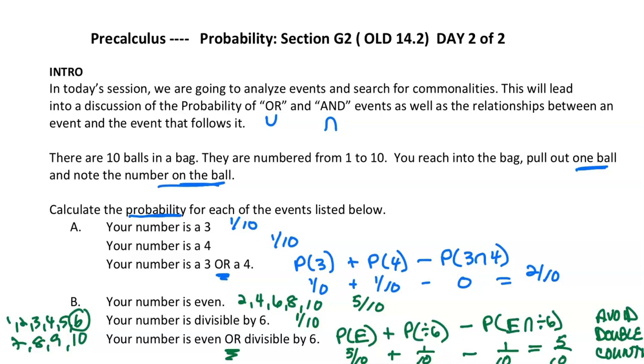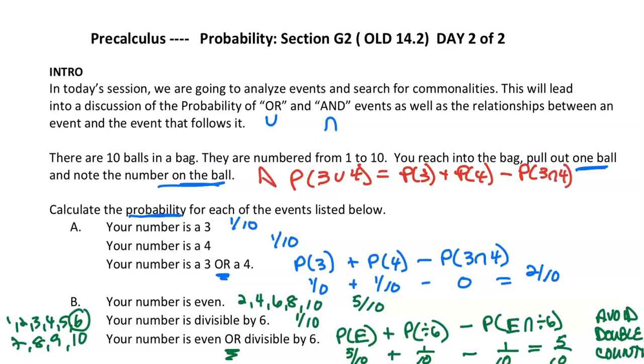Okay, so really our equation is, let me write this up here. If I want to figure out the probability of 3 or 4, that equals probability of 3 plus probability of 4 minus the probability of 3 and 4.